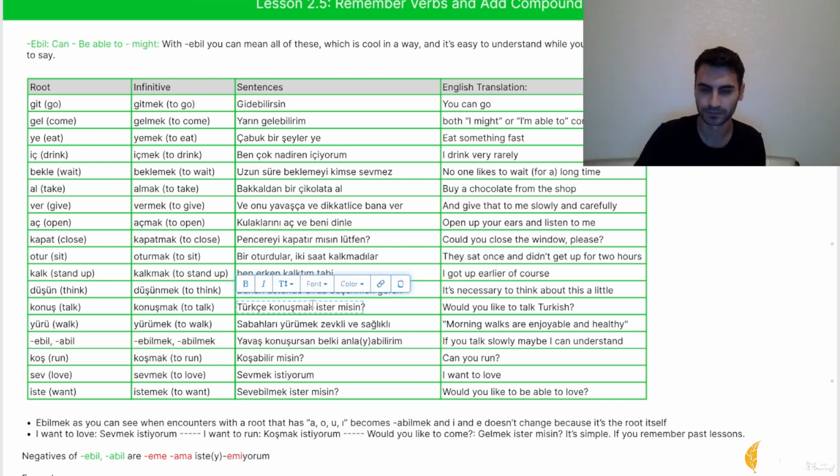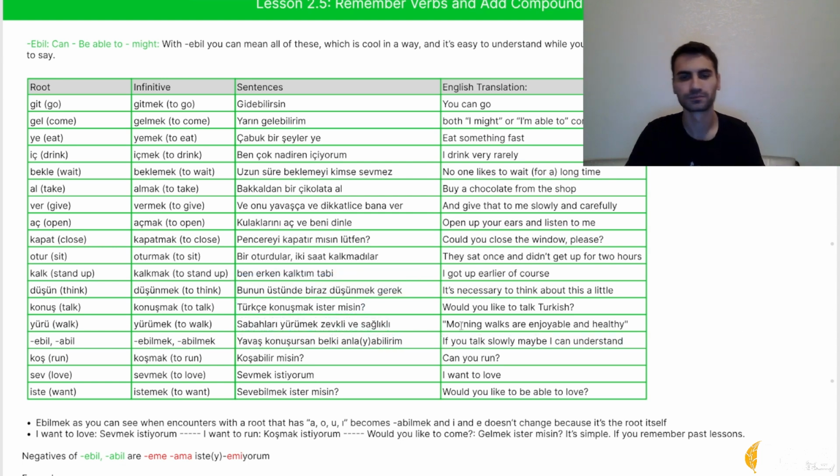Two words. To like, to like to, it's a verb in Turkish. And konuşmak is also another one. Sabahları yürümek zevkli. If you talk slowly, maybe I can understand you. Yavaş konuşursan belki anlayabilirim.